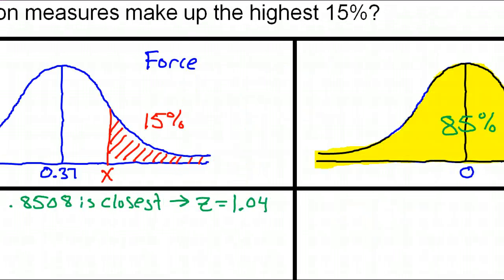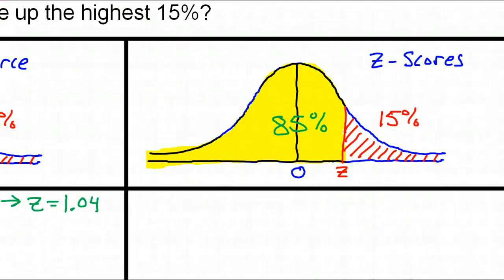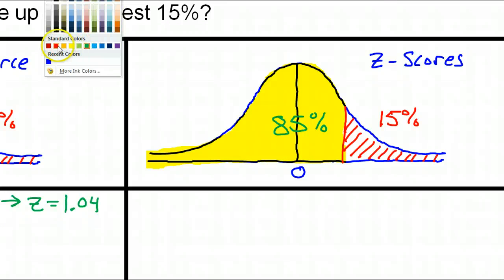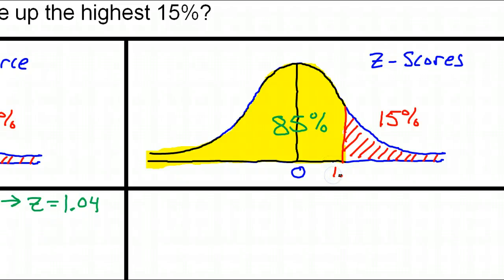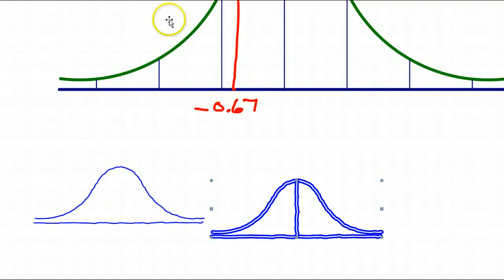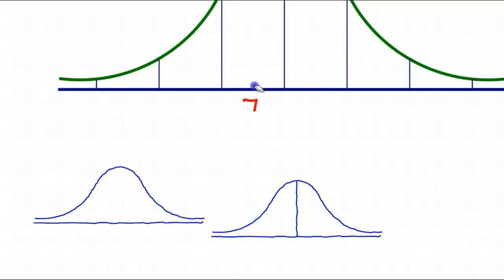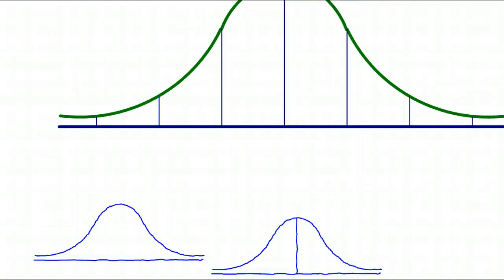Okay, so I have my z value. So let's go ahead and put that in the picture. By the way, 1.04 would be pretty much right here, because this is the mean.